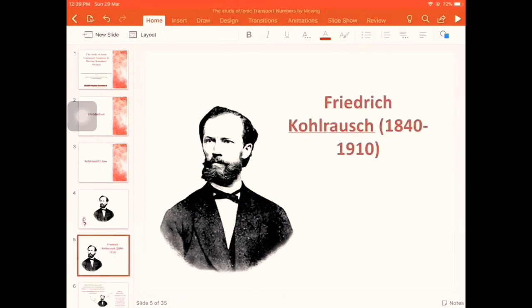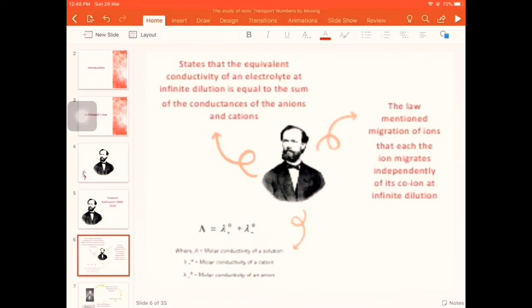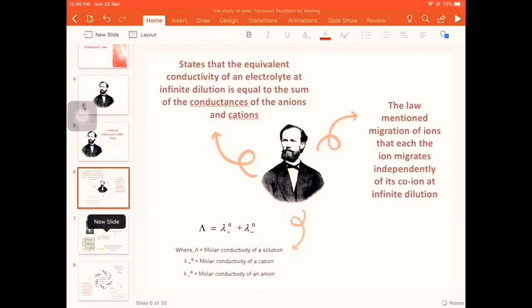This German physicist came up with a great idea about molar conductivity, and from this law we can explain the whole theory. As we move deeper into the law of Kohlrausch, because we use this a lot, I will explain a lot about this law.